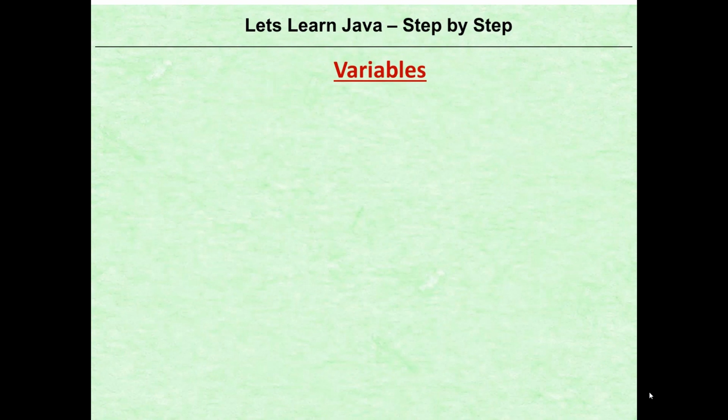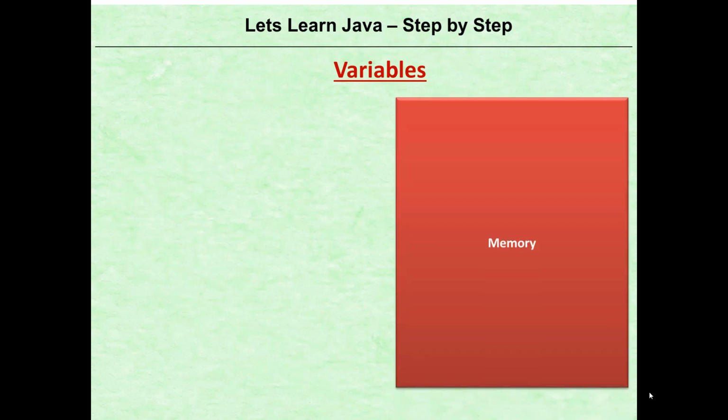A variable is something where you store some value which you can reference back at any further point of time, and then you can make changes to that value, and the last changed value would obviously be stored in that variable. A variable is a place in memory where you would store some value, say 100, and that value you would refer to through some name we call an identifier, say score.